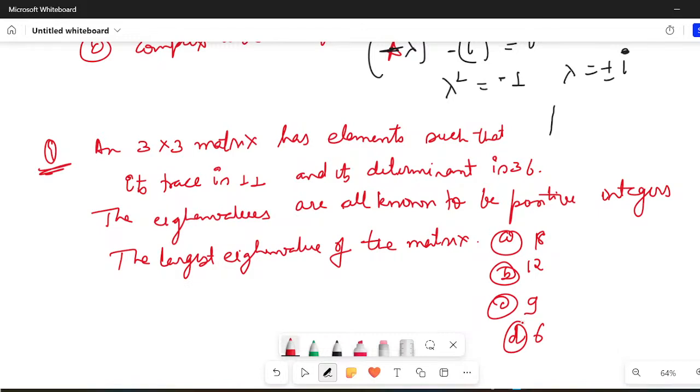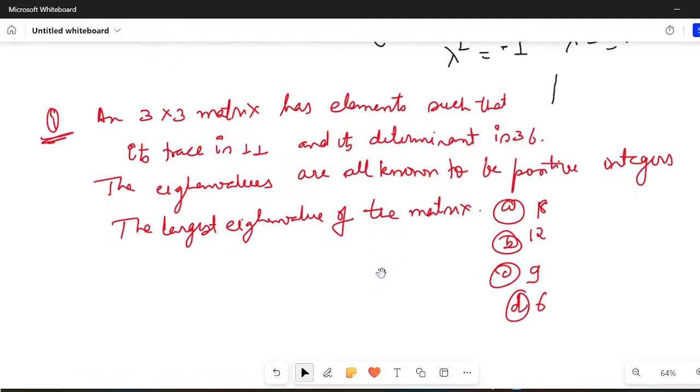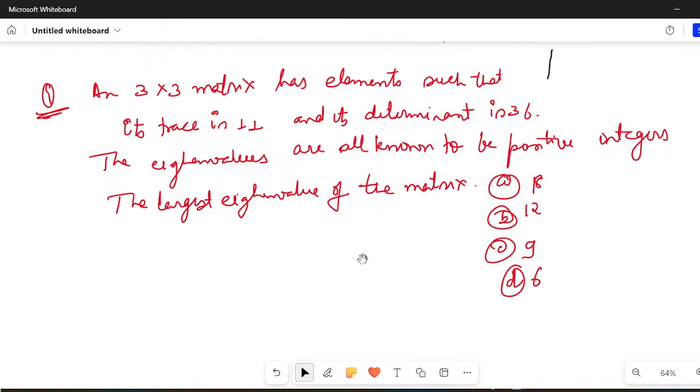Okay, so how to go about it? See, it is given that the 3 cross 3 matrix has elements such that its trace is 11 and the determinant is 36.